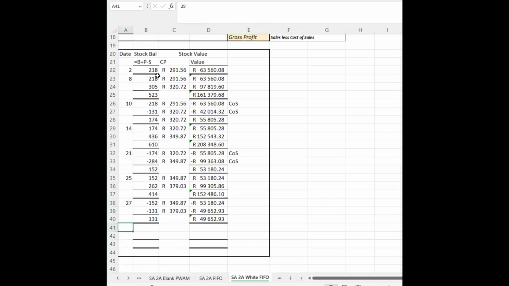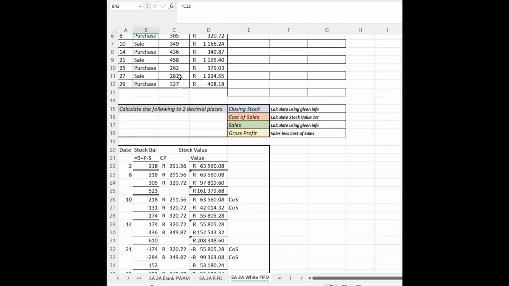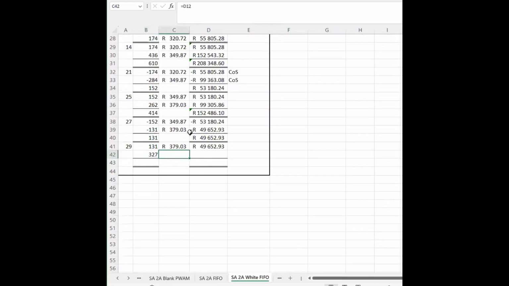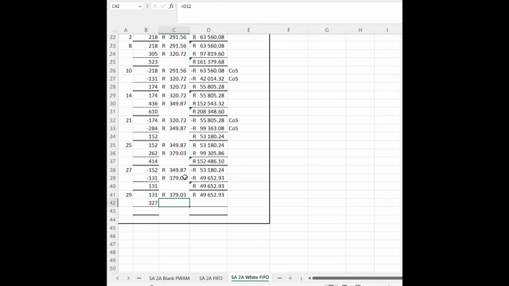Then the last thing that happens here on the 29th is that we have a purchase again. We already know, like always, what we have in stock already, but we are now buying an additional 327 at a new price of 408 Rand and a couple of cents.